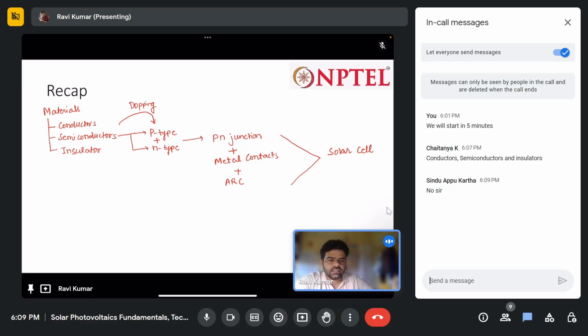So we are at the solar cell. Now we have seen the IV characteristic of a solar cell. We have seen some important performance parameters like VOC, ISC, VMPP, and IMPP.